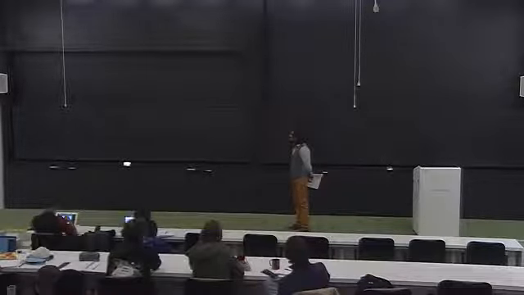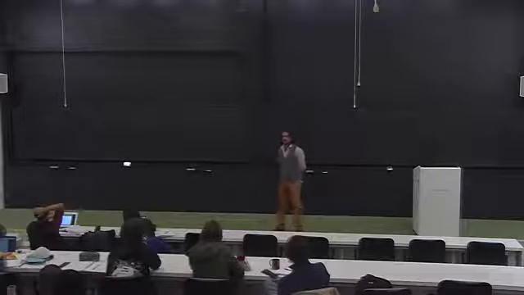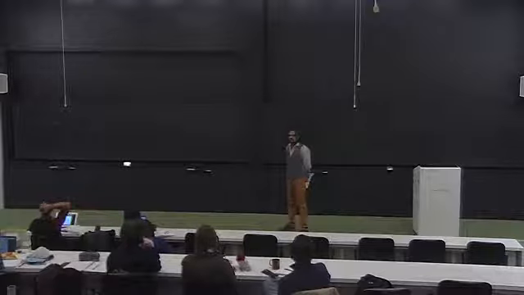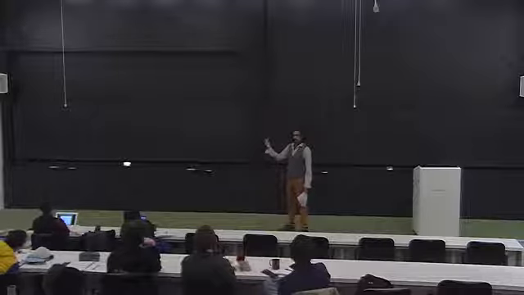I mean, gauging the symmetry is kind of an arbitrary trick which seems to work in this case, and it also seemed to work in the case of the Yang-Mills field. If you go and read the paper by Yang and Mills, which is extremely readable, you'll see that they derived Yang-Mills theory by saying, what if we have a Lagrangian with a global non-abelian symmetry, and then what if we gauge that?